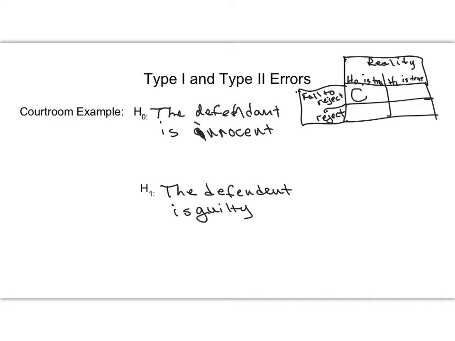This would be a type 1 error. We could have that the defendant is guilty, we reject the null hypothesis, and that would also be a correct decision, that we find the defendant guilty and the defendant is guilty. It could also happen that the defendant is guilty, but we find him innocent, and that would be a type 2 error.